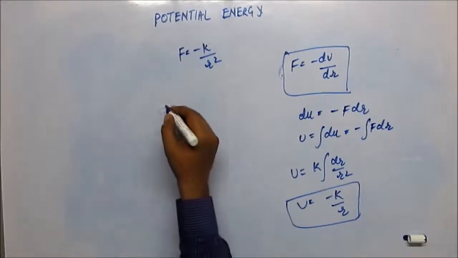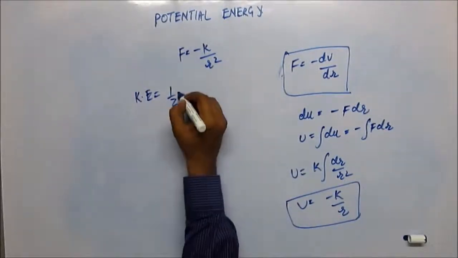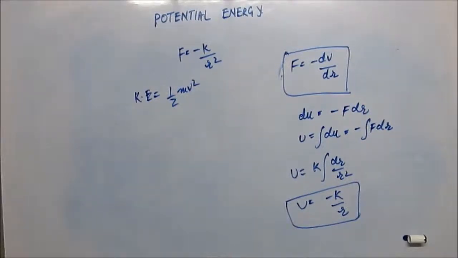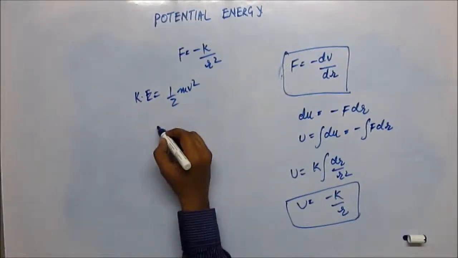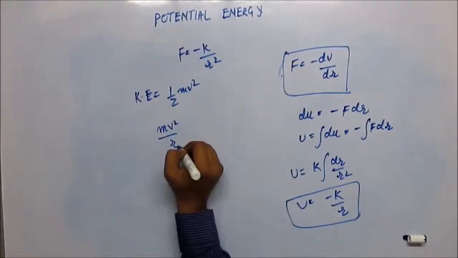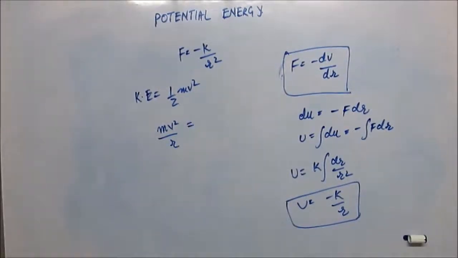Kinetic energy is half mv squared, well known, and the velocity here is not known. So we'll use the equation of circular motion, in which we know that the centripetal force is mv squared upon r, and the centripetal force here is given as minus K upon R squared.